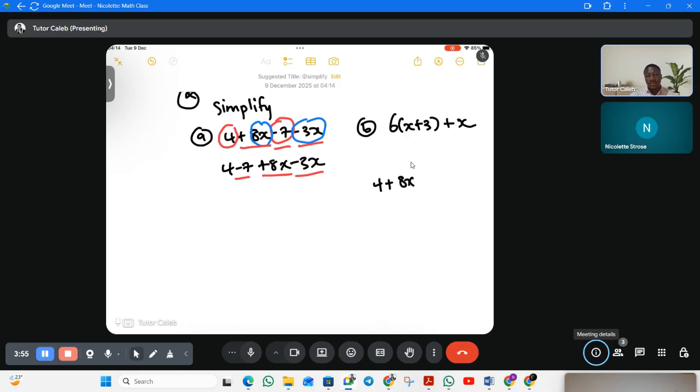You agree? Yes. Now, if I say 8x plus minus 7, what's the sign that's in front of 7? Minus. So if I'm moving this 7, I'll move it along with this minus.